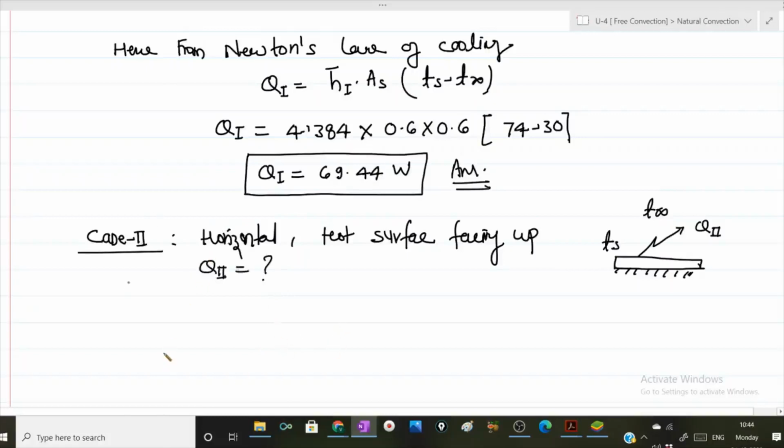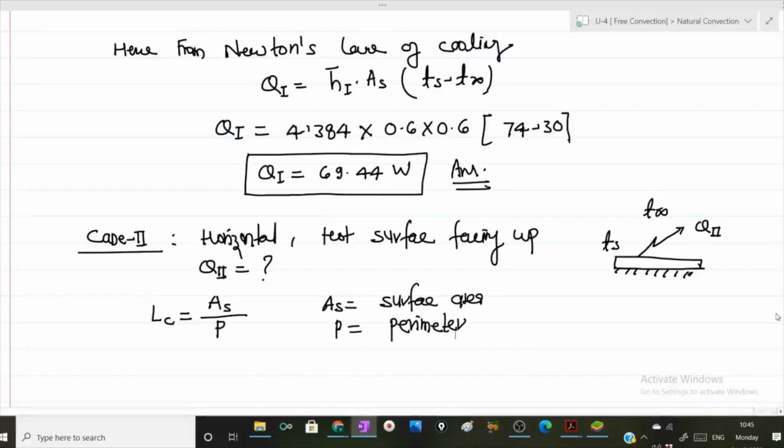Now once again same process will be applied. So we must know the value of characteristic length for horizontal surface. So for horizontal surface, characteristic length is As by P, where As is surface area and P is perimeter.